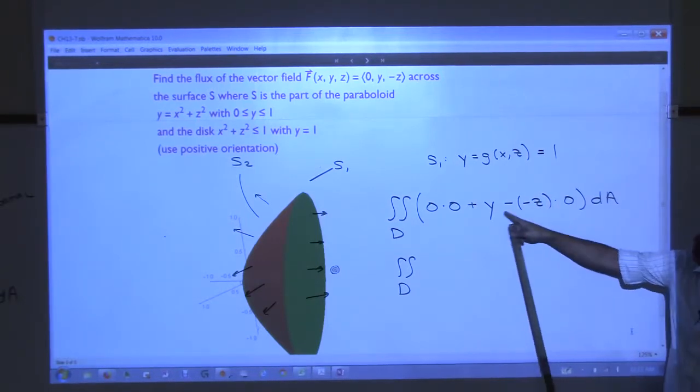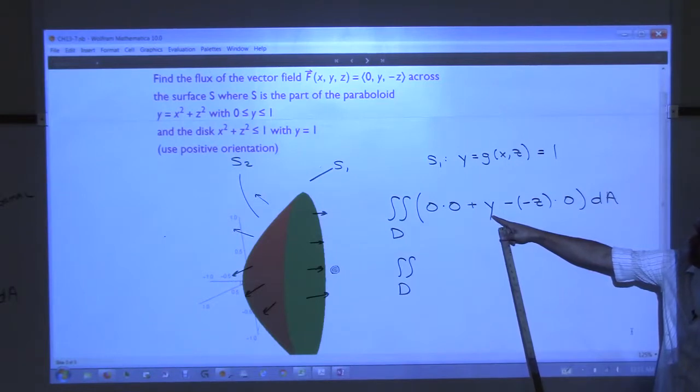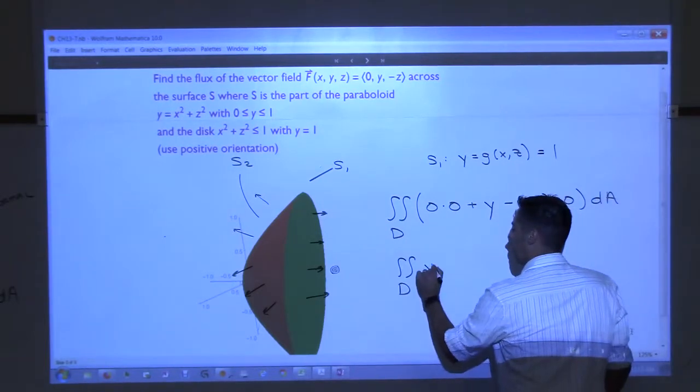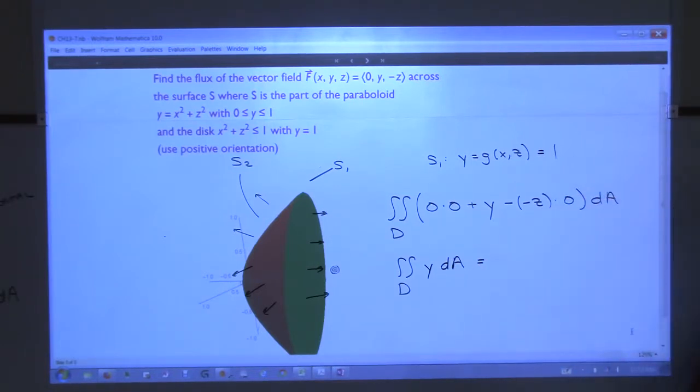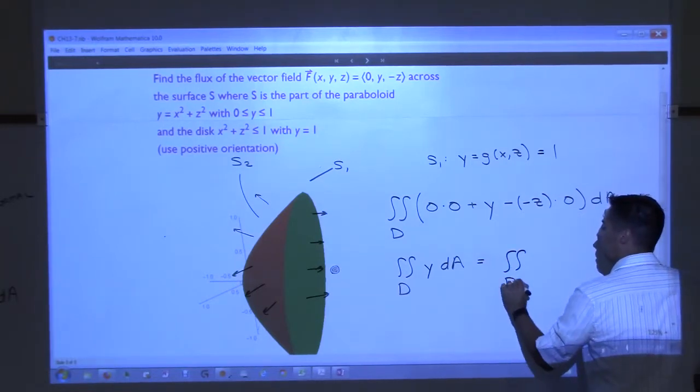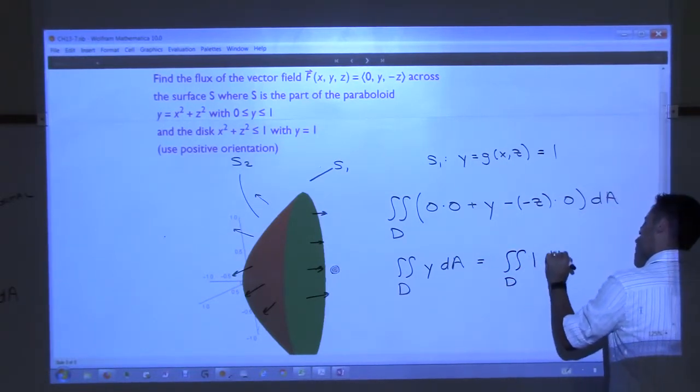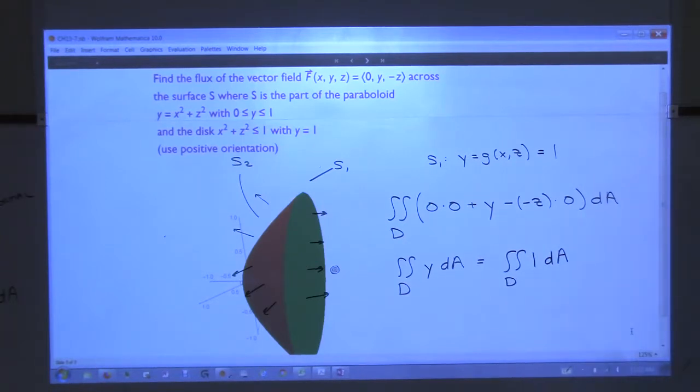This one's 0, so all that's left is the y. Okay, I agree with this. But what's y? Y is 1, right? When we're on this surface, y is 1. So this is really the double integral over D of 1 dA. It's the area of D, right?